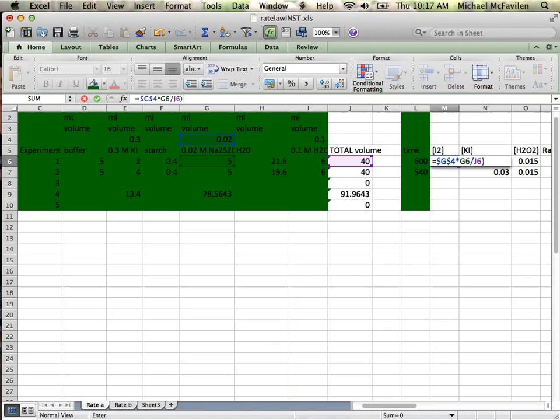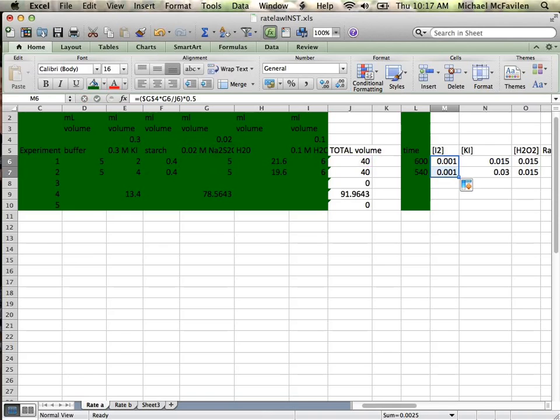What did we want? Iodine. What was the next step to convert from thiosulfate to iodine? We need to divide by 2. Was it divide by 2? Yep. So we can either divide by 2 if you want, or because I'm lazy, I'm going to multiply by 0.5. Same thing, right? There we go. We now have the concentration of iodine. Click and drag.